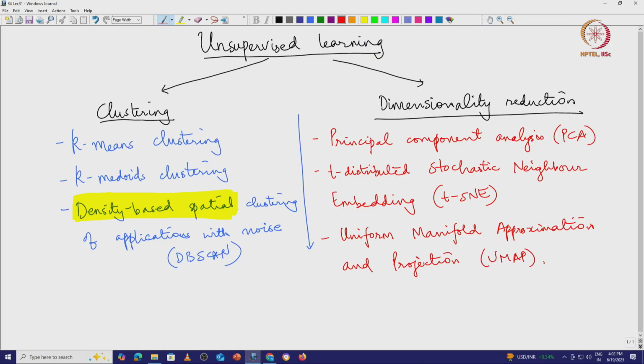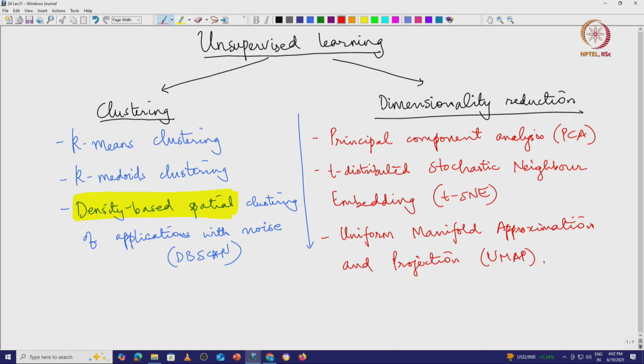These are much later algorithms. t-SNE was somewhere in the late 2000s, and UMAP is much later, in the late 2010s is when UMAP was introduced.